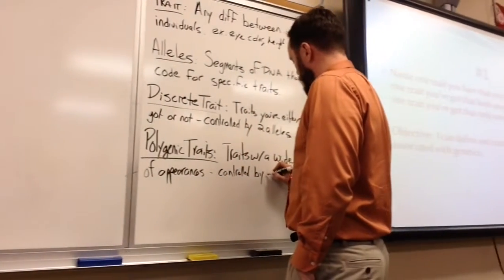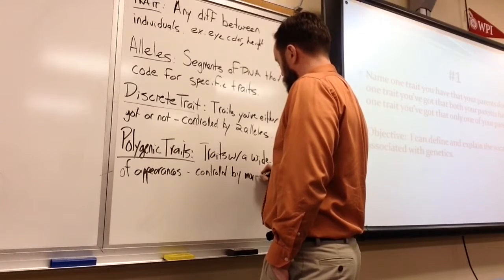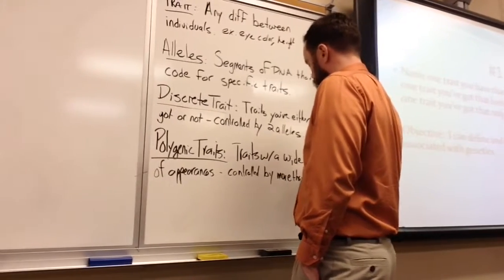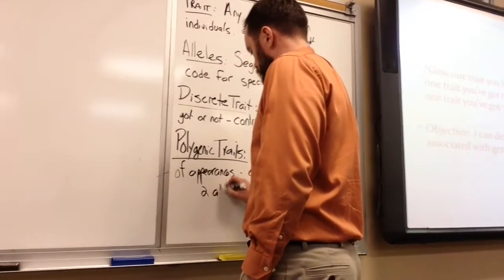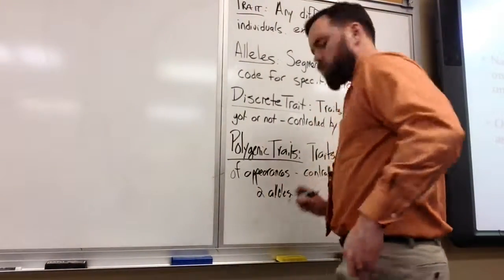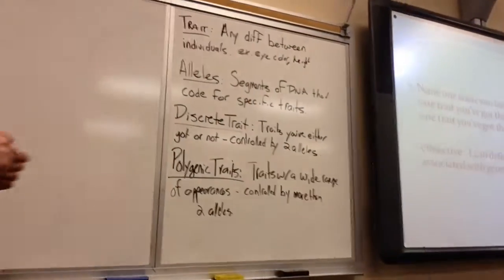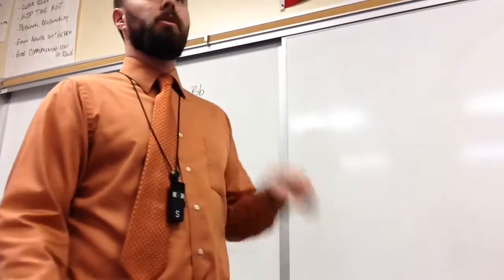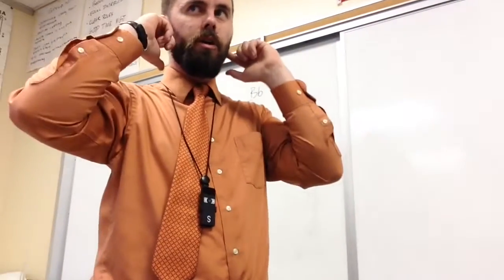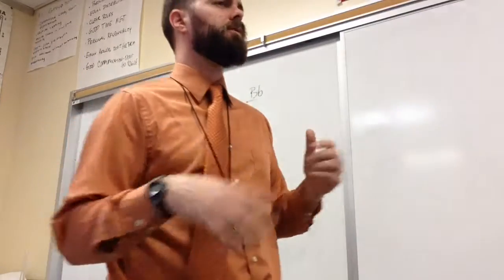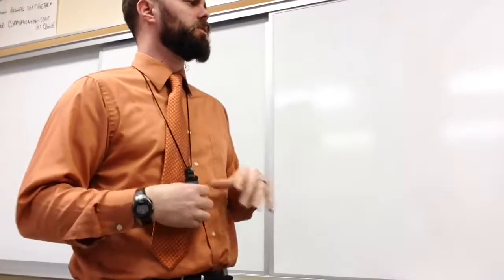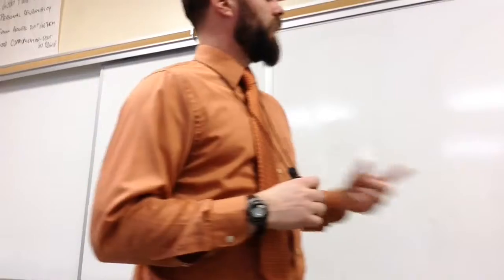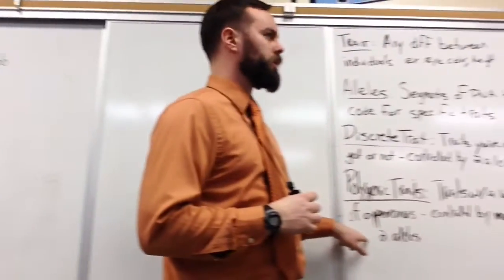Controlled by more than two alleles. So traits with a wide range, like lots of ways you could be. You're not either this or that. Your earlobes aren't either attached or unattached, but things where you've got a wide range of the way things could look. And when you get that, they're controlled by more than two alleles, and I'll explain.